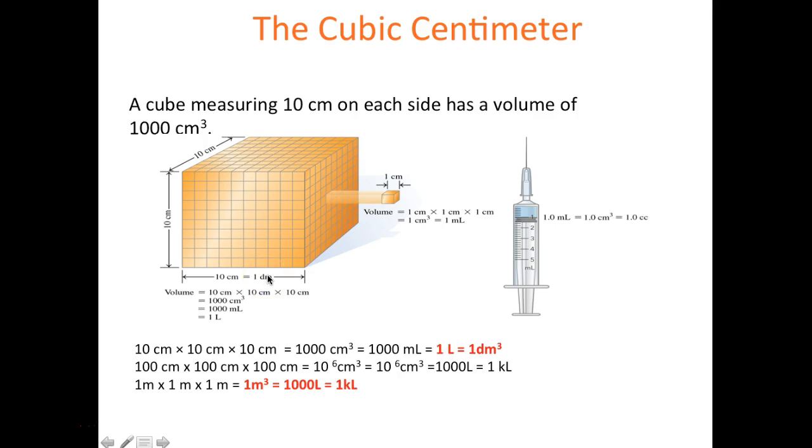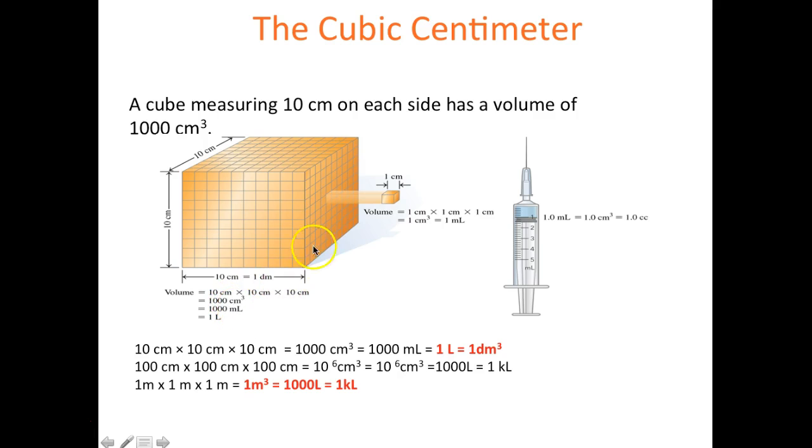So basically 1 decimeter cubed is 1,000 centimeters cubed, which is 1,000 mL, which is a liter. So 1 decimeter cubed is 1 liter or 1,000 centimeters cubed.